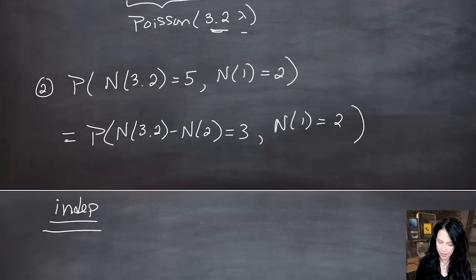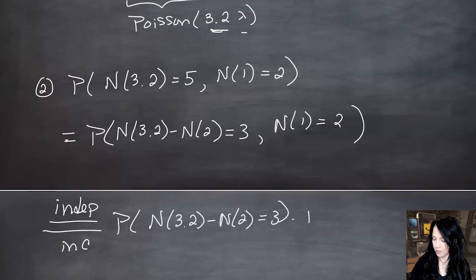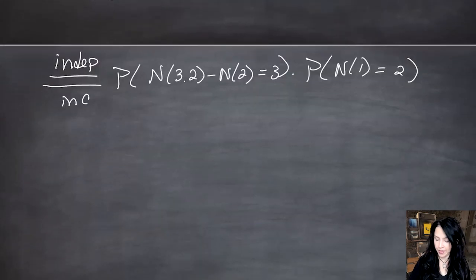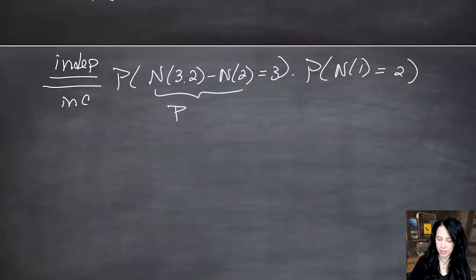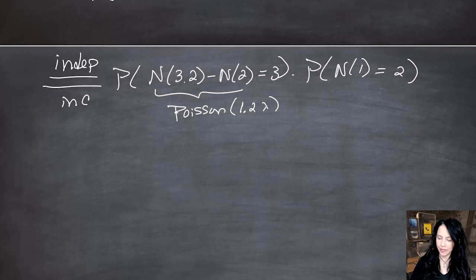This is the probability of N of 3.2 minus N of 1 equaling 3 times the probability that N of 1 is 2. And so this is a Poisson random variable with parameter 2.2 times lambda, and this is Poisson with parameter 1 times lambda.